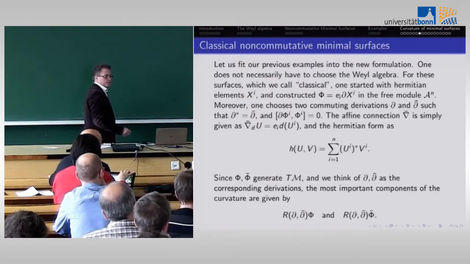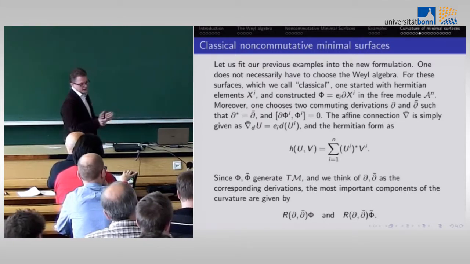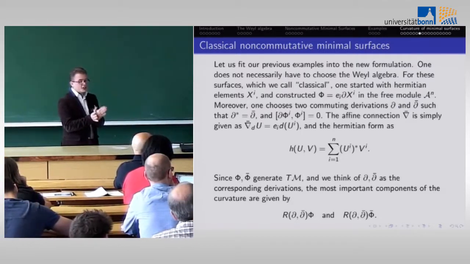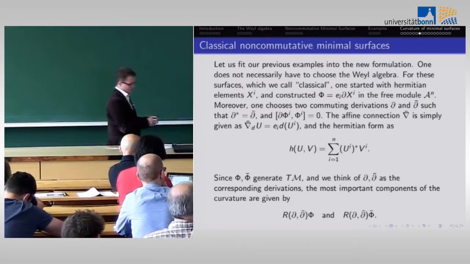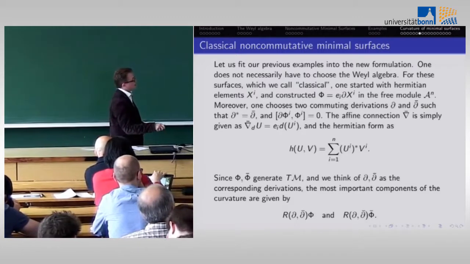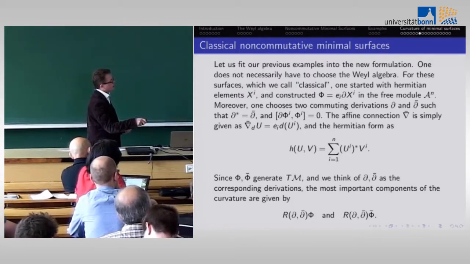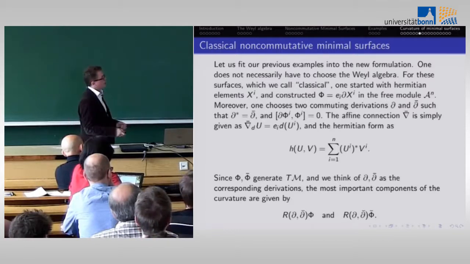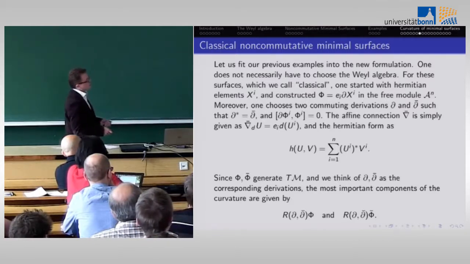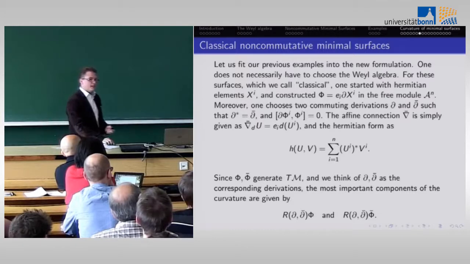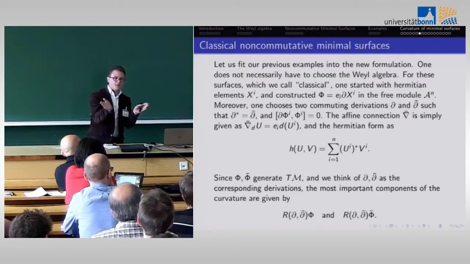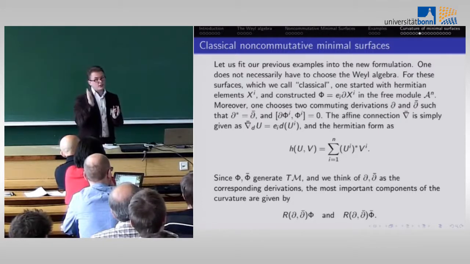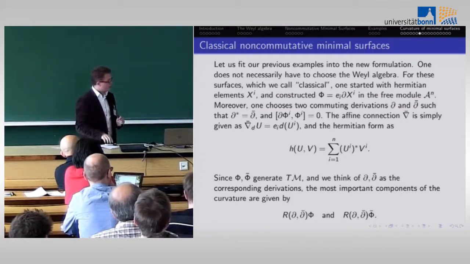Now, since phi and phi bar are the vectors generating the module we're interested in, clearly we are most interested in the components with phi and phi bar, and everything else is, of course, written in terms of components. And since we think of d and d bar as the derivations corresponding to phi and phi bar, like a vector field has a corresponding derivation, this connection is not clear here, but we just think of it this way.